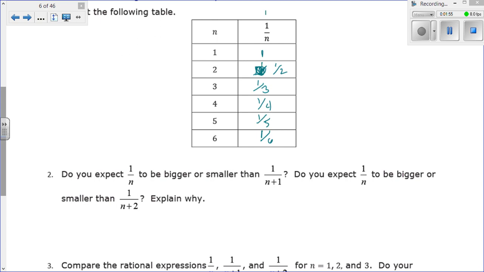So as n increases, our fractions actually get smaller. So we can say as n increases, 1 over n decreases.